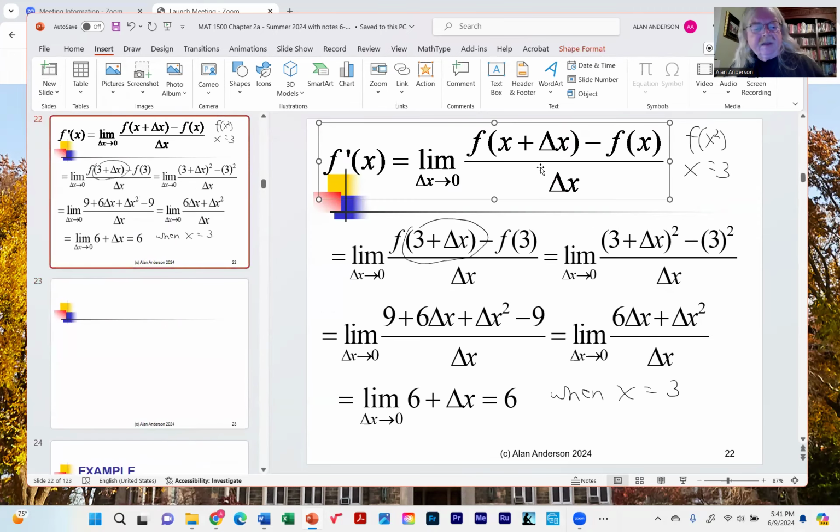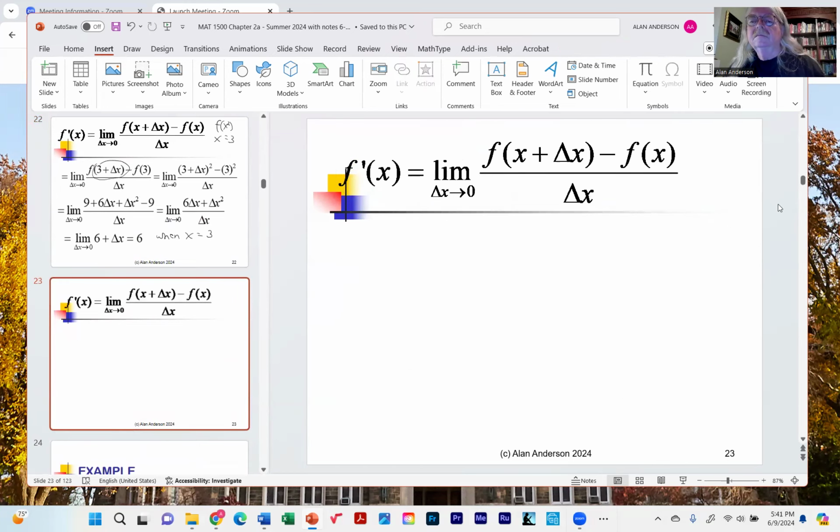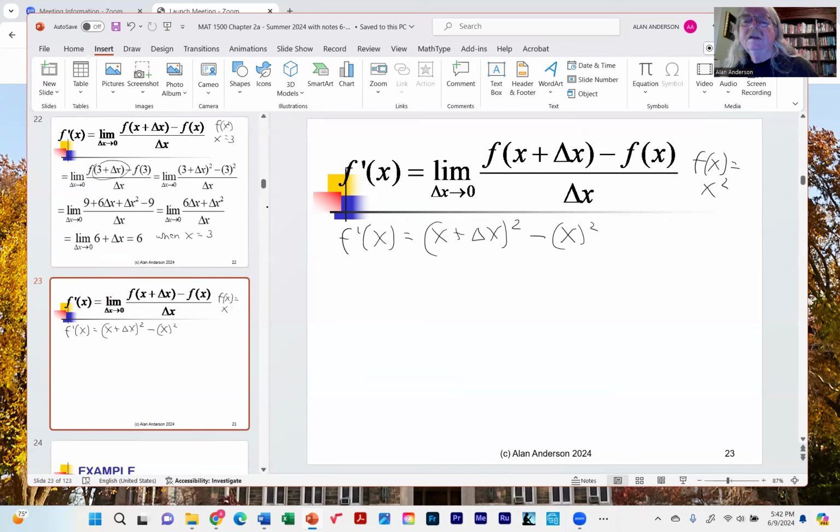All right, so let me grab this back. So remember, the function f of x is x squared.